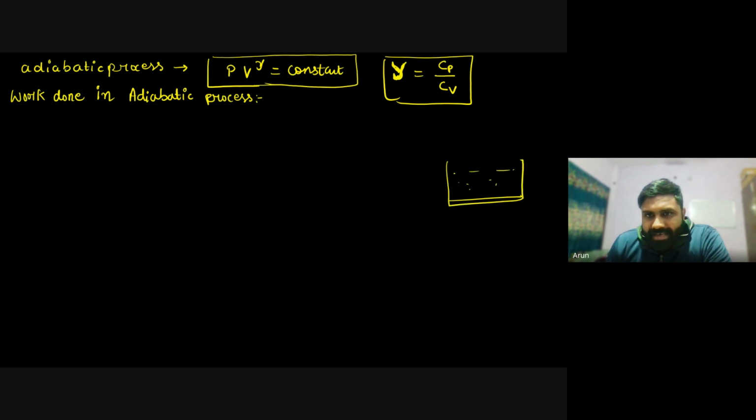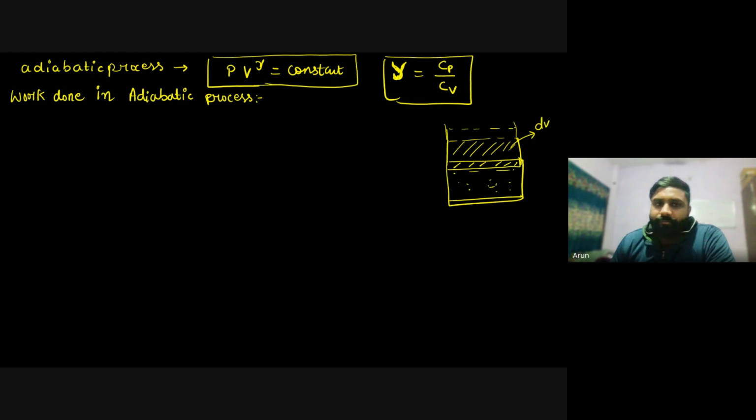So we have this gas inside this cylinder. This is the piston we have initially, and the gas has done some work. So the piston will shift to a next position, and it will have covered this volume. So this is, let's say, dV is the volume. So work done is very small for this small change of volume. So we will take it as P into dV.